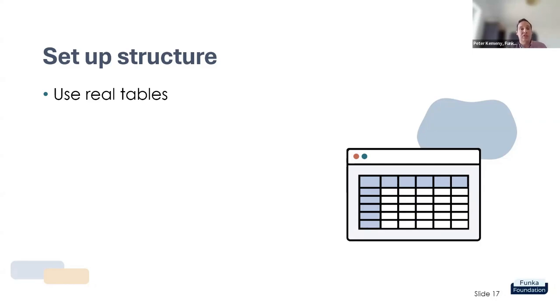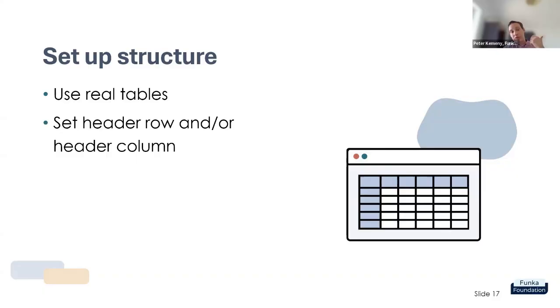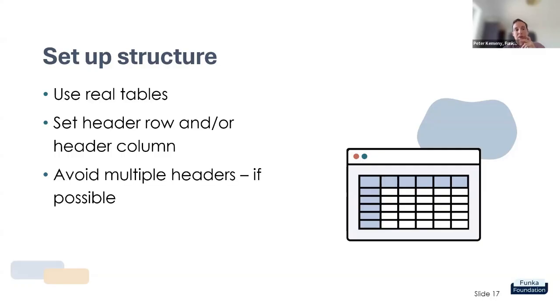Actually, in Word, if you insert a table from the tool that's provided, then it will mark up the header row and the header column automatically. You don't need to change it. But if it's not marked up, then you need to set this header row and header column yourself.